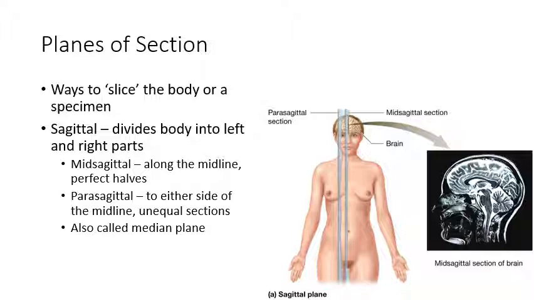Then a parasagittal cut is to the side of the midline, either to the right or to the left, so that you would get two halves that are not equal. Either the right or the left would be larger. Both of those are types of sagittal cuts along the sagittal plane. And another word for the sagittal plane is the median plane.